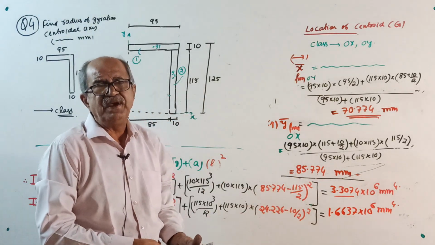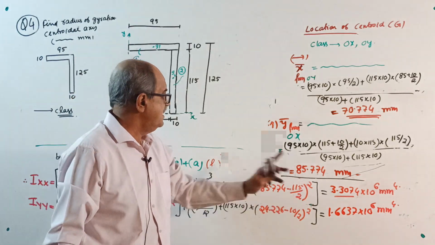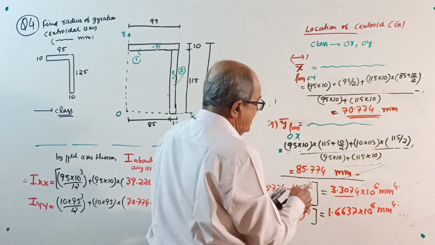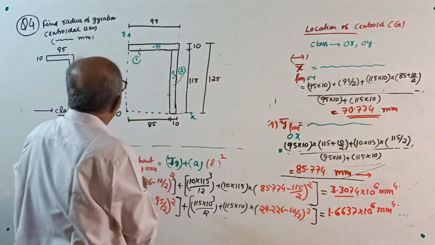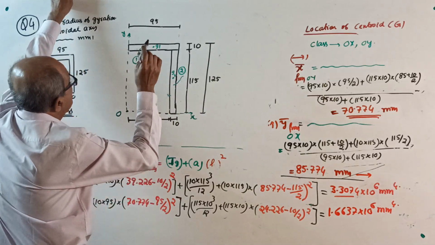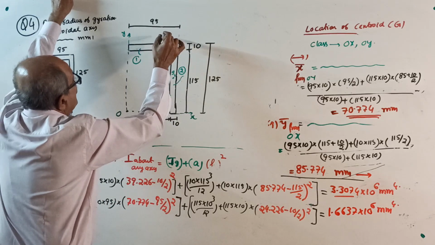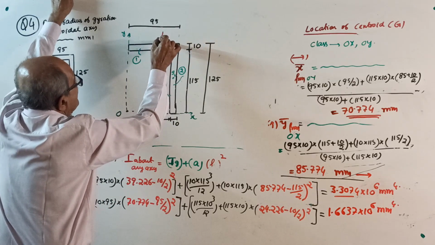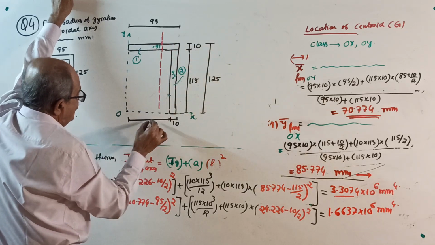If anybody got difficulty for this one, I told you there is a limit for everything. Now, as soon as you get this, immediately you come here and locate. X bar from here is 70.774. This is 95 by 2, 40 odd, somewhere here. So I'll continue.